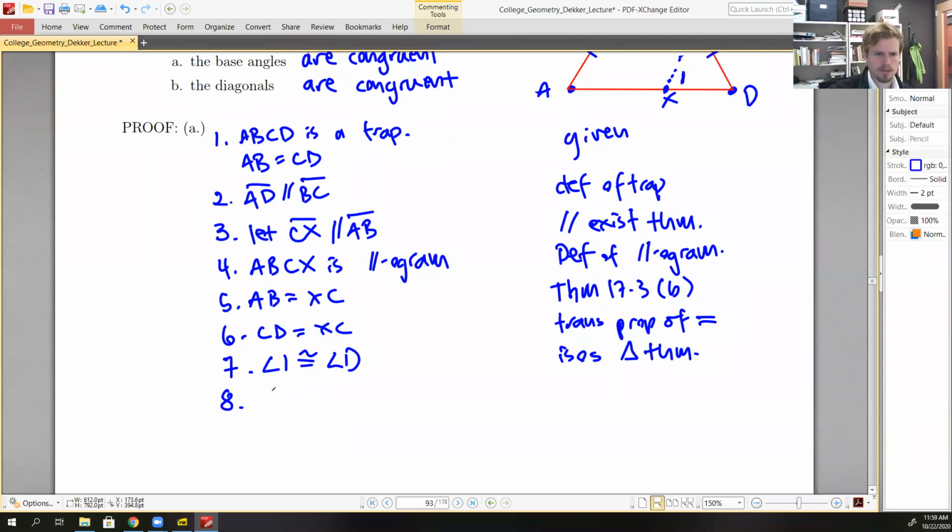So angle A is congruent to angle 1 by the converse of the corresponding angles corollary.